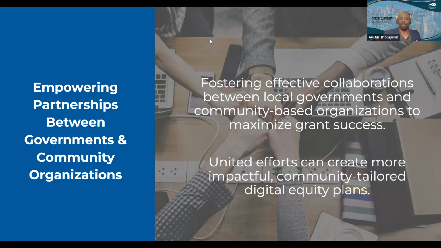And this gets into the why before I talk about 5 elements of partnerships. Why partnerships are so important is that we need to think in advance about forming alliances and coalitions that bring the best of smaller, hyper-local, community-based organizations together into alliance with larger organizations to apply once we know more about the competitive digital equity grants.